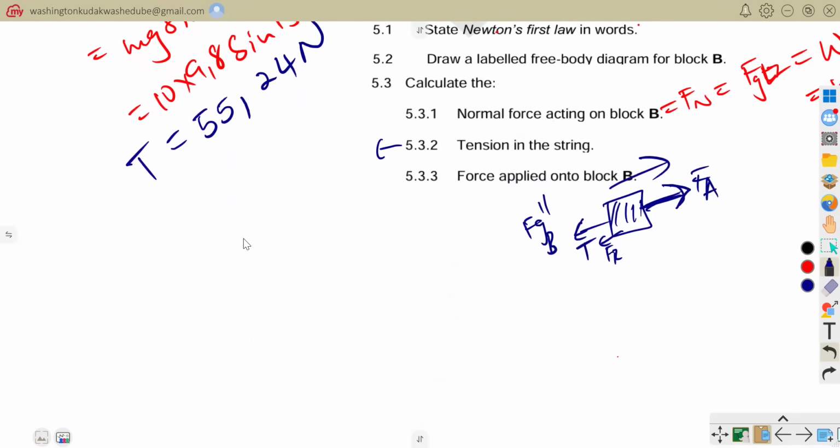Because we are saying that the net force is equal to 0, we are going to take this one to be positive.